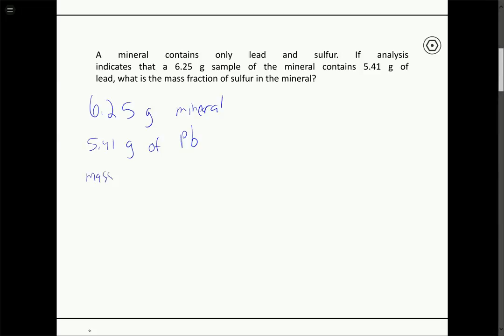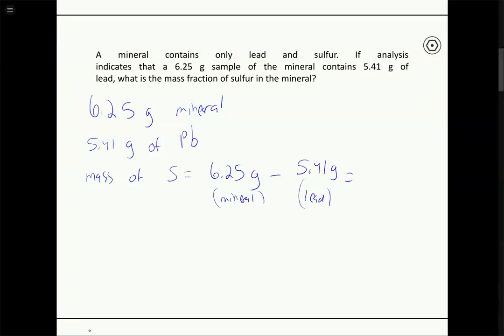So the mass of sulfur would be 6.25 grams, the mass of the mineral, minus 5.41 grams, the amount of lead in the sample, which comes out to 0.84 grams. This is the mass of sulfur in the sample.